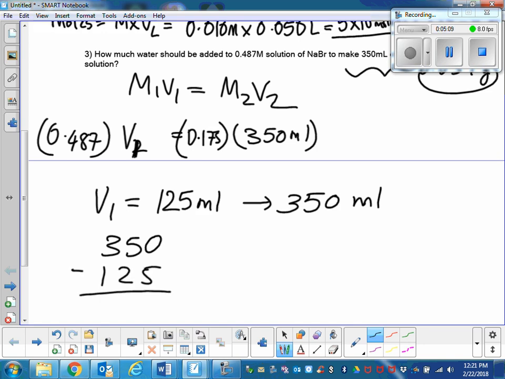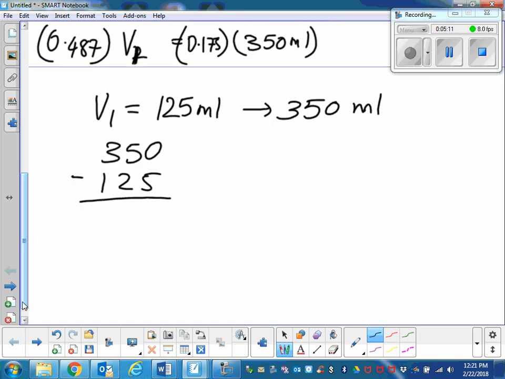So let's review the sig fig rules when we subtract. All right? In this particular problem, the zero is not significant. It's a trailing zero without a decimal point. It's not significant. So this is the least precise place.